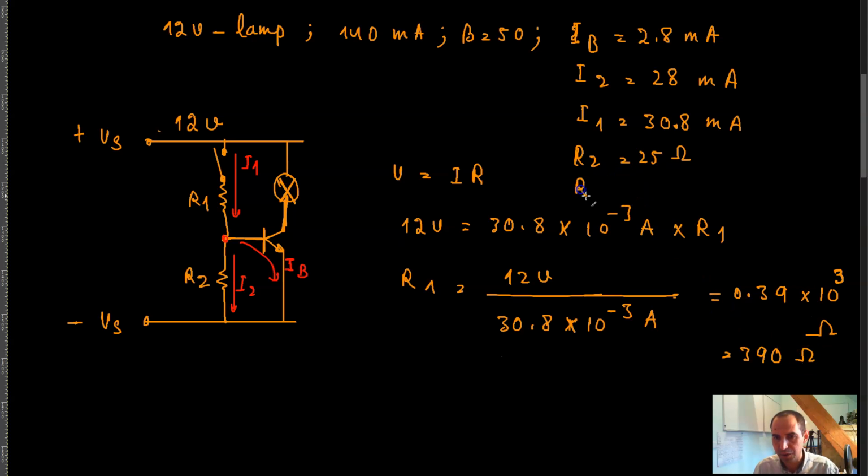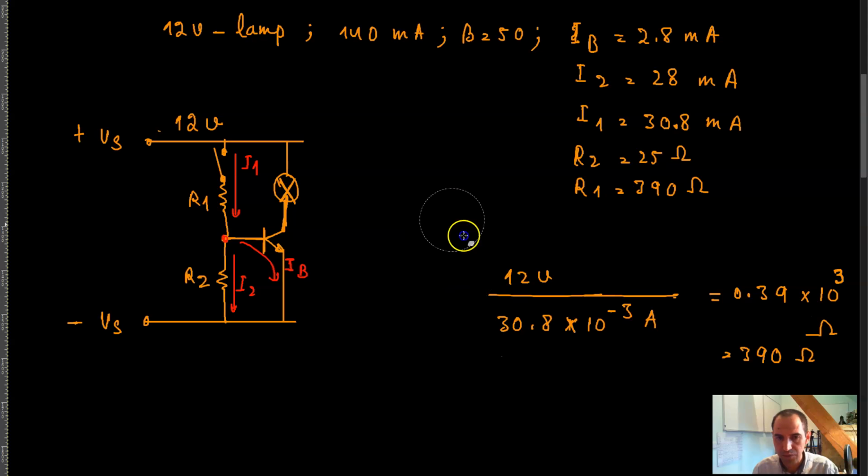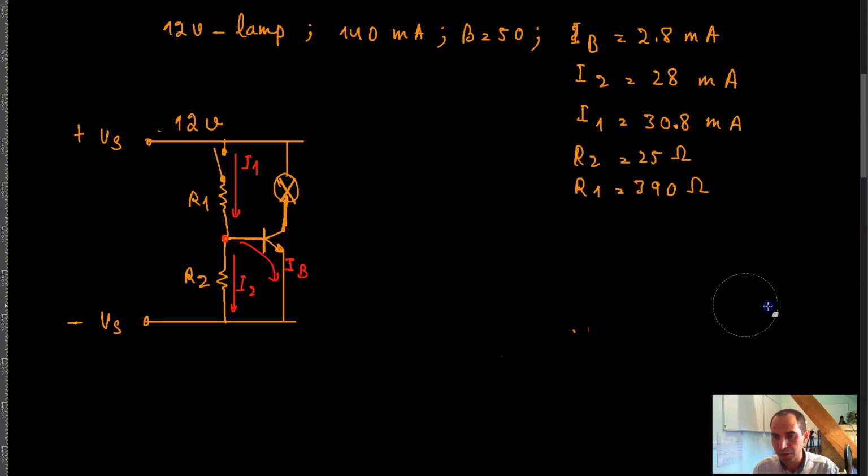So R1 is equal to 390 ohm. So hopefully the 400 ohm and 25 ohm values are correct without any problems, and we can build this circuit this way as well, right?